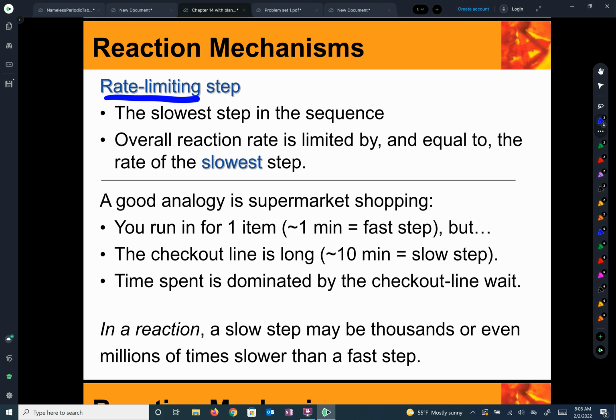We're going to use this rate limiting step to derive a rate law given a mechanistic set of steps. The problems that come out of a reaction mechanism problem set look very similar to things like Hess's law, where we have an overall reaction and then a couple of fundamental steps that break down the overall reaction.